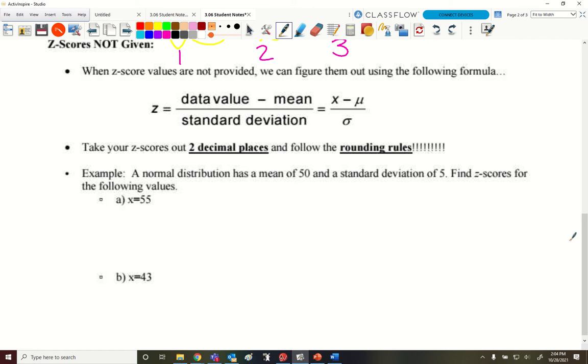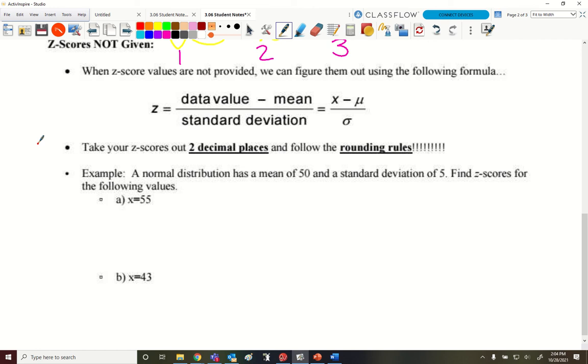Alright, you got this. For this one right here, when a z-score is not provided, this one's going to be pretty straightforward. When a z-score value is not provided, we can figure it out using this formula.